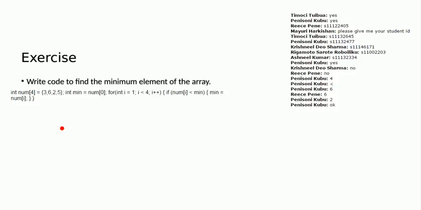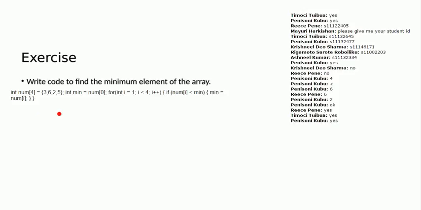Is 2 less than 3? Is 2 less than 3? Yes. So we go here and update our variable min. Now our variable min will be equal to num index 2, which is 2. So our minimum becomes 2. Let's go back to our for loop. Now I plus plus. Now I becomes 3.